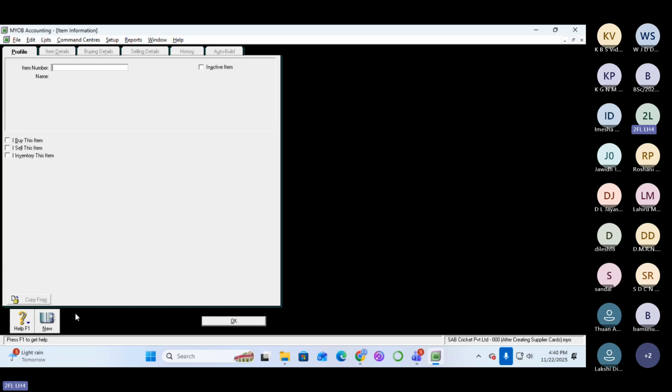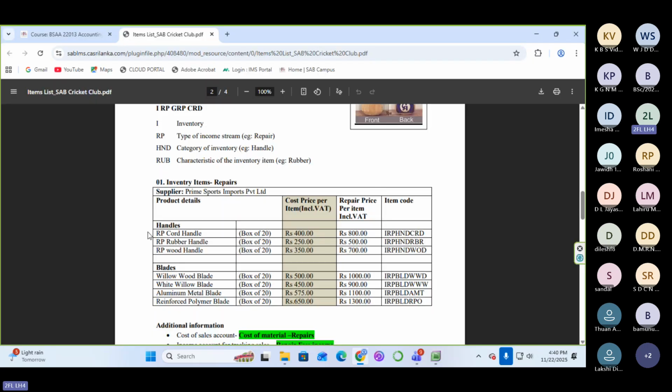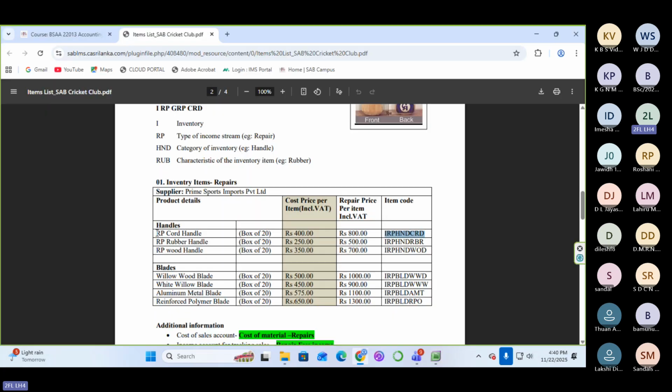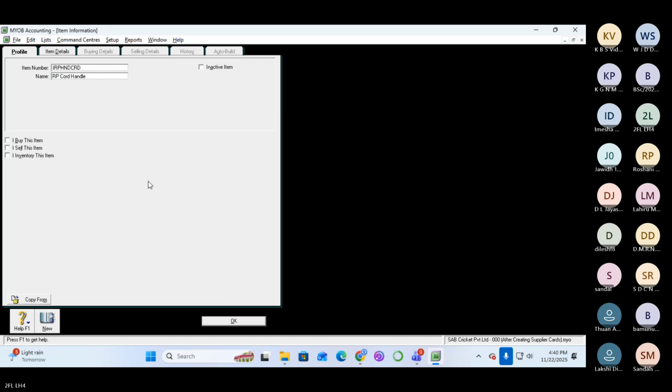Click new. Right? We are going to create the first item, RP code handle. I take the item code and then I enter the item name, RP code handle.